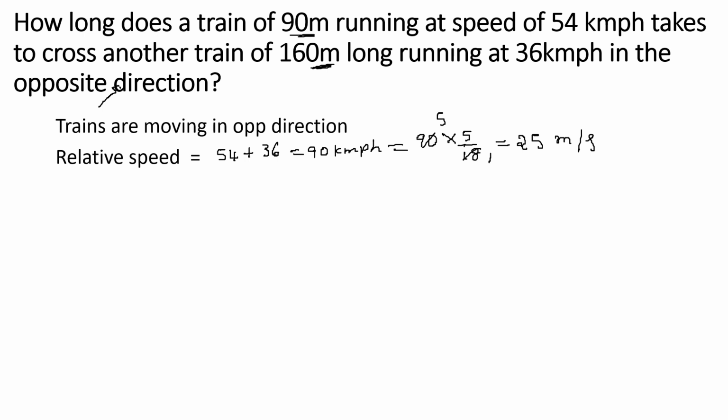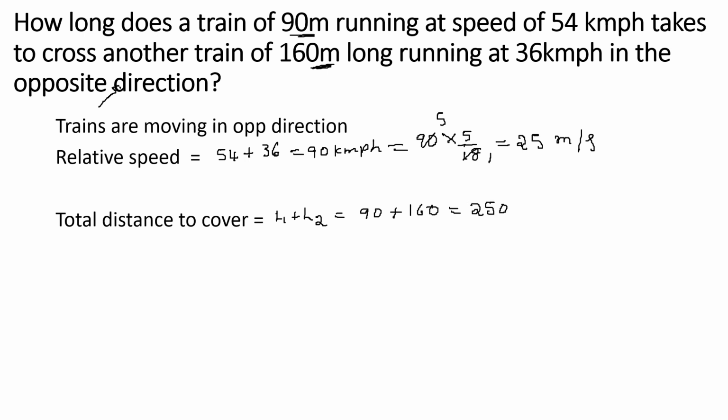Now the total distance to be covered will be the length of the trains. So that will be L1 plus L2, which is equal to 90 plus 160 meters, or 250 meters. So this is the total distance to be covered. Therefore, time taken will be total distance to cover divided by relative speed.